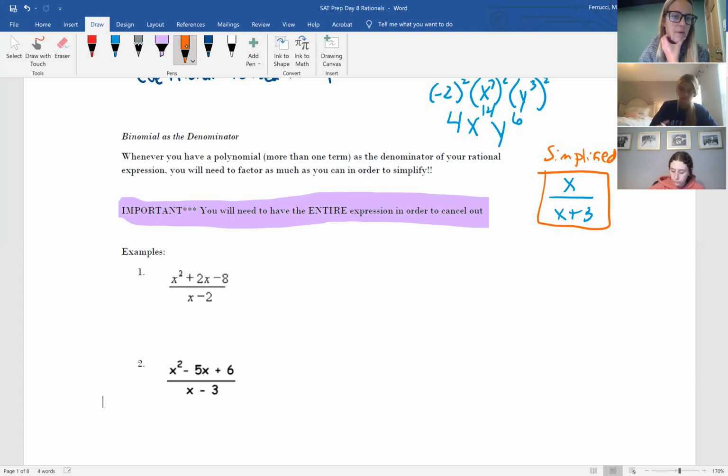Okay. So keep that in mind. But if you had 2 times x plus 3 over x plus 3, then you could go and cancel out the x plus 3s. And then you'd be left with 2. That would be the simplest. Okay, but you have to have the entire expression in order to cancel it out.